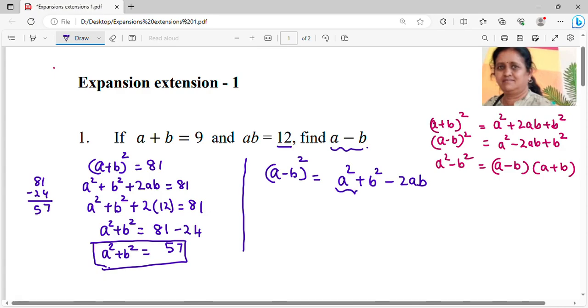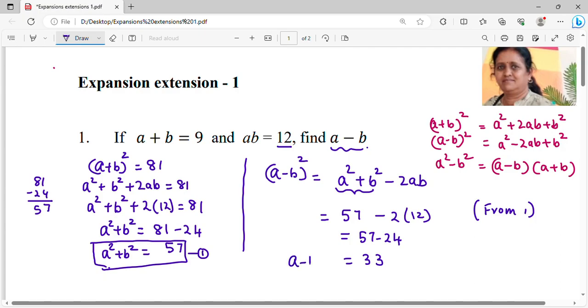Now you see I have this a squared plus b squared, which is nothing but 57, from the first result which I have already found out. Minus 2 times ab, and ab is 12, minus 2 times 12. So this is 57 minus 24, which becomes 33. So a minus b the whole square is 33.